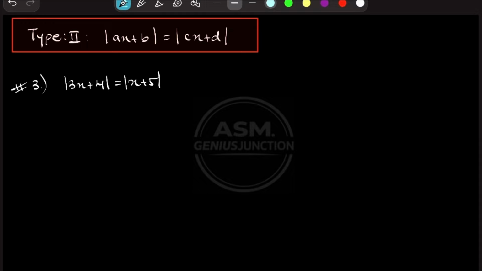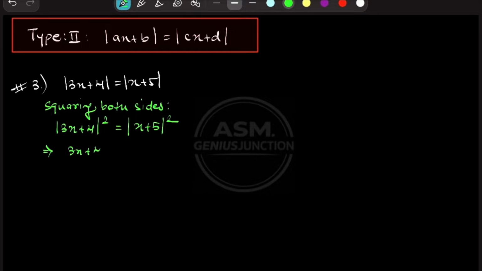So what I'm going to do is I will write squaring both the sides. So when I square both the sides, what am I going to get? I will get (3x plus 4) squared equals (2x plus 5) squared.